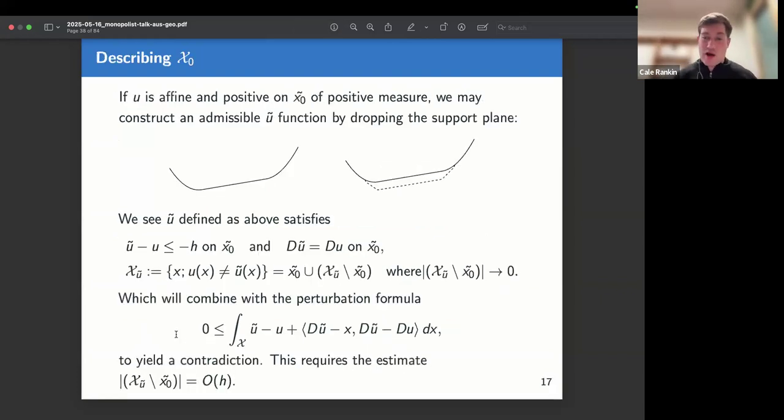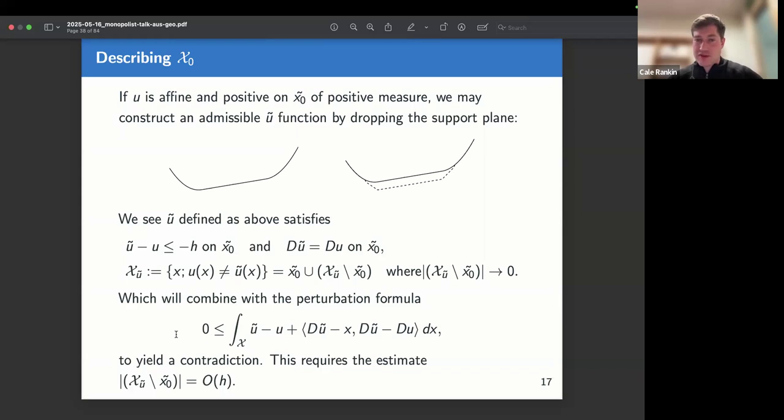So let me say a bit about how we'd prove this result describing x naught. Remember, that was the result that said if u was affine on a set of positive measure, then it has to be 0 there. The proof, it's 2 things. It's construct an admissible u tilde and plug it into the perturbation formula.